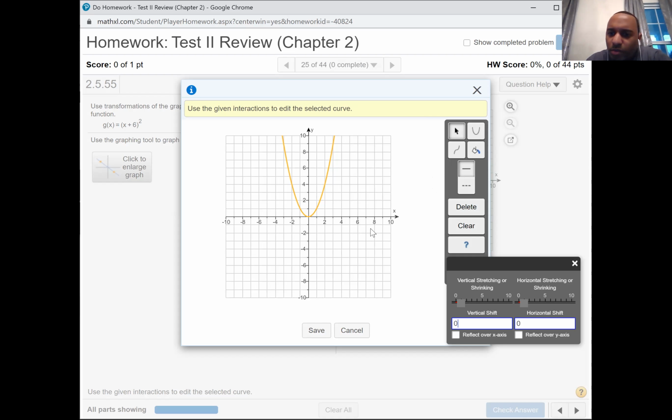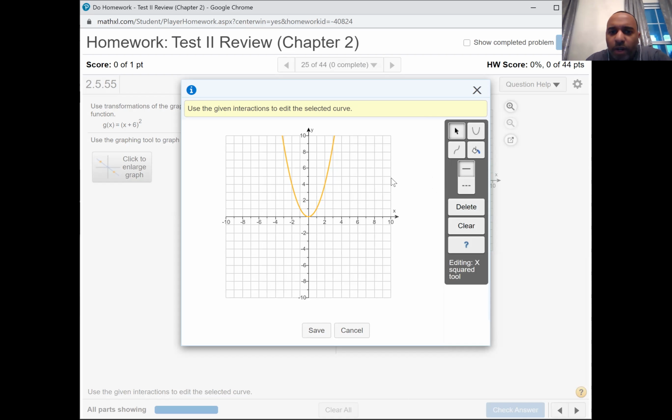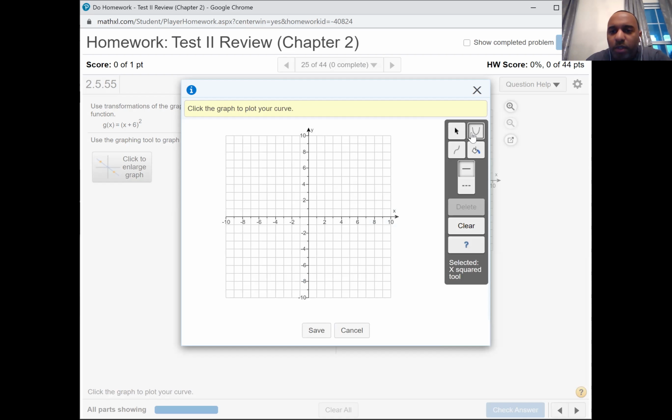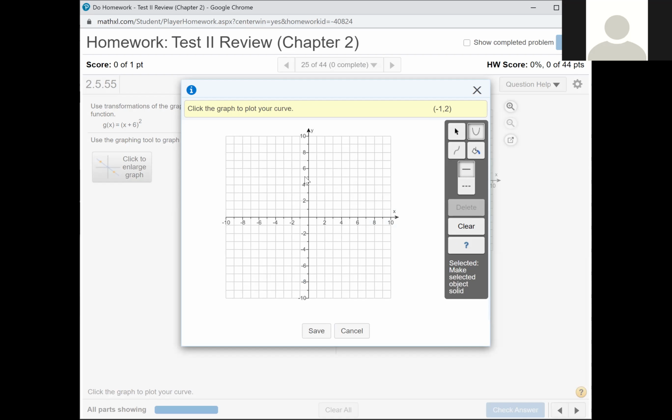I'm trying to see why it won't let me click. I'm trying to graph the actual vertex. Yeah, for some reason this wasn't letting me, so I'm clicking up here. I have the one I was actually looking at. I found it, if you want to look at that one.